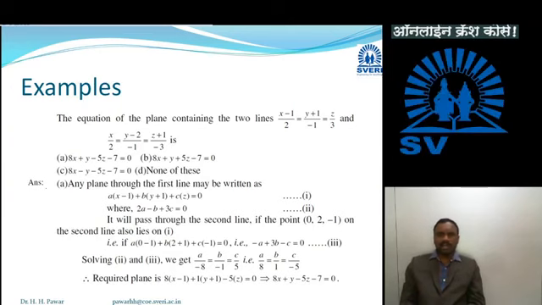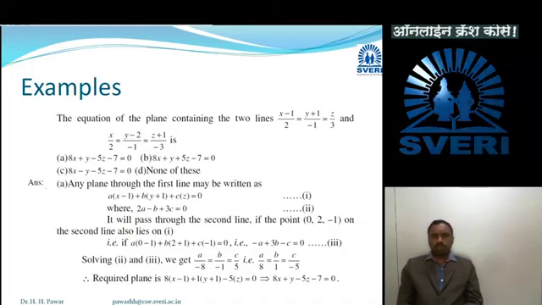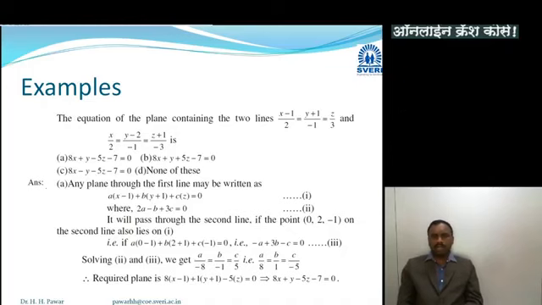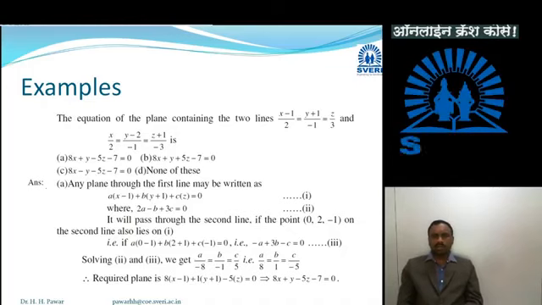Now any plane through the first line may be written as a into (x minus 1) plus b into (y plus 1) plus c into z equal to 0, where 2a minus b plus 3c equal to 0.